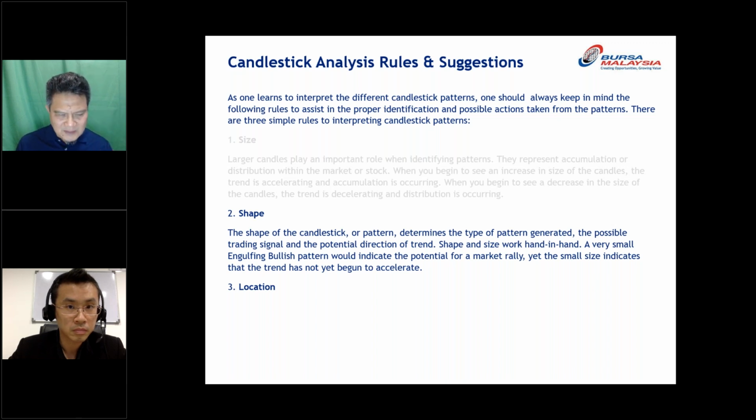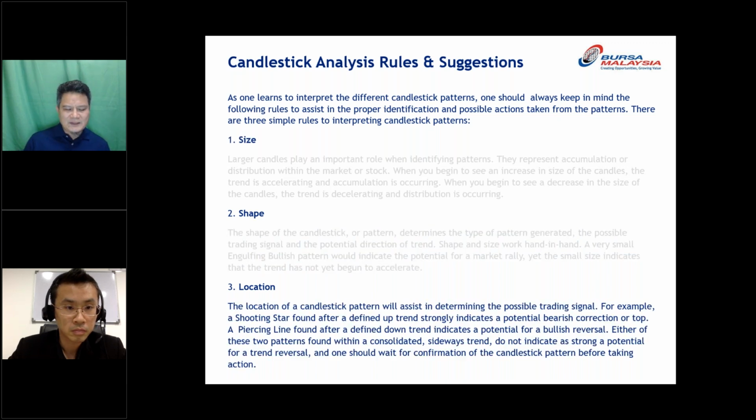The other most important one is location, which plays a very important role. The location of the candlestick pattern will assist in determining the possible trading signal. For example, a shooting star found after a defined uptrend strongly indicates a potential bearish correction or top. A piercing line found after a defined downtrend indicates a potential bullish reversal.